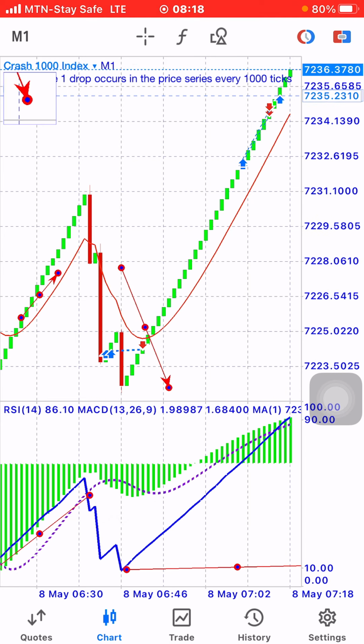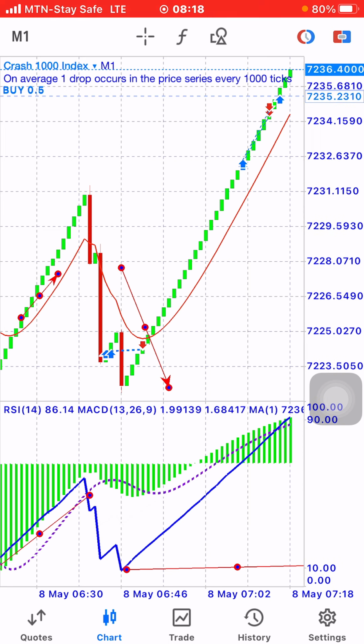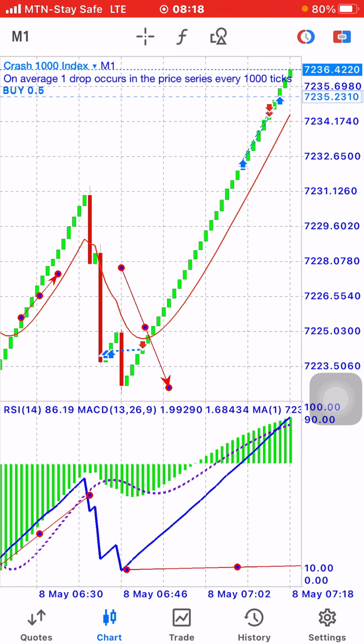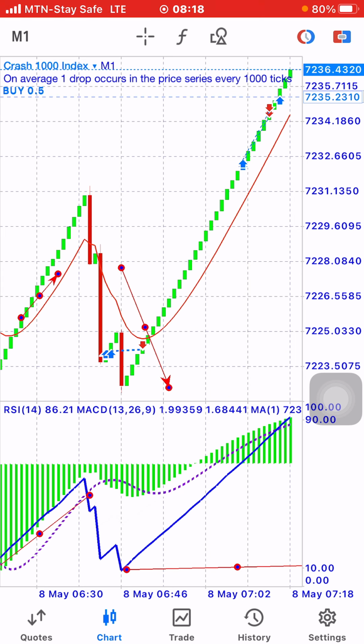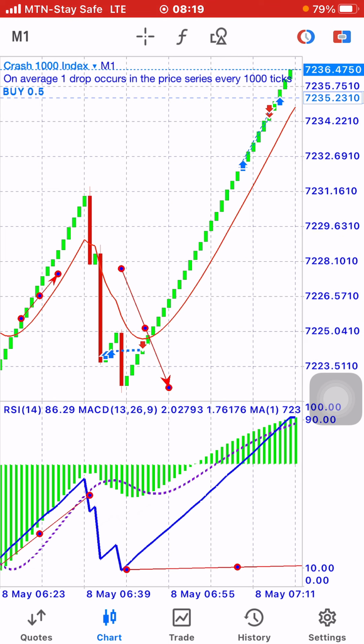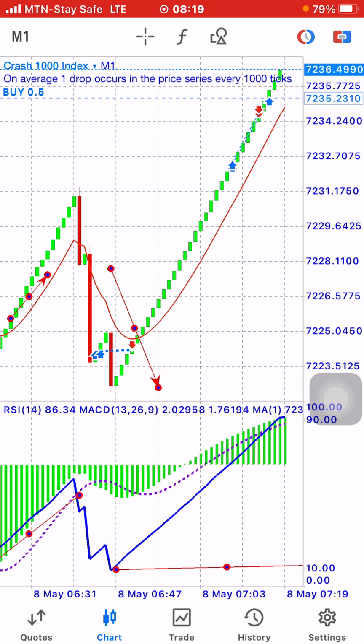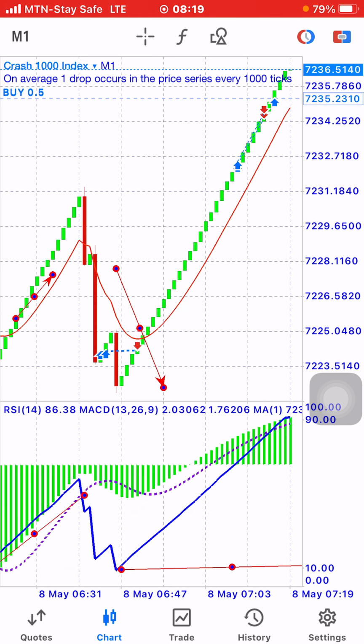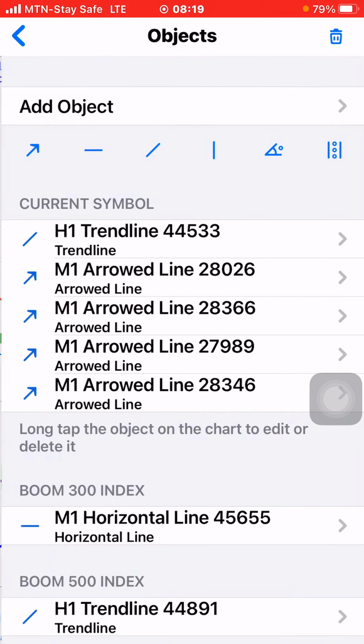So once you exit the market on this spot, then you count like 1, 2, 3, 4 candlesticks as it is going up. If a spike doesn't happen, then you enter again. So when you enter again, you see how you hold up the market until when?